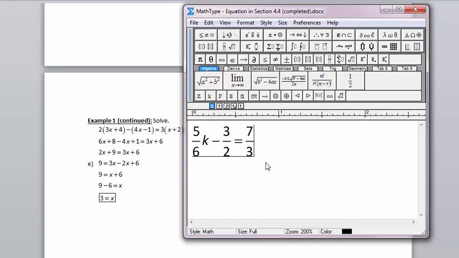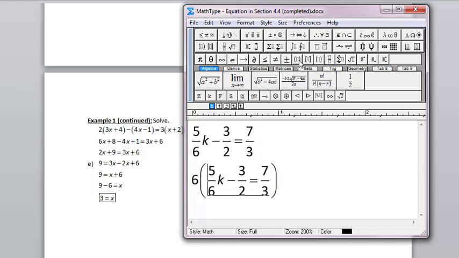When an equation has a couple of fractions like part f, we might first want to take the entire equation and multiply it by the least common denominator. So the least common denominator in this case is 6. So I'm going to take 6 times that entire equation.